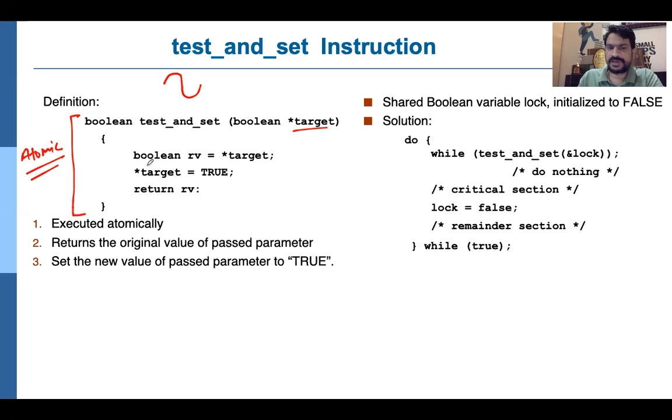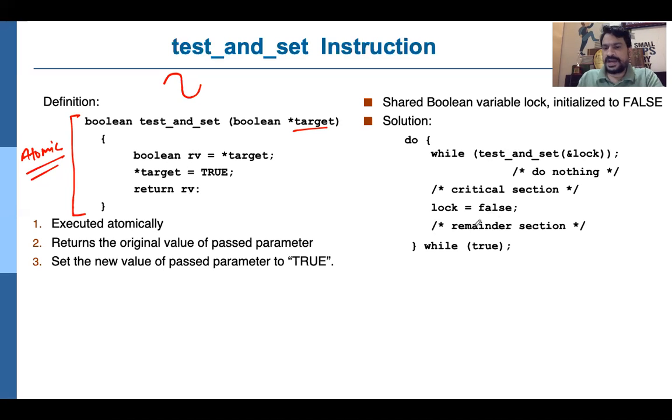RV is also a Boolean variable. And after that, whatever value target is pointing to, it will make it true. And then it is going to return the value of RV. Okay. So this is a simple test and set instruction.